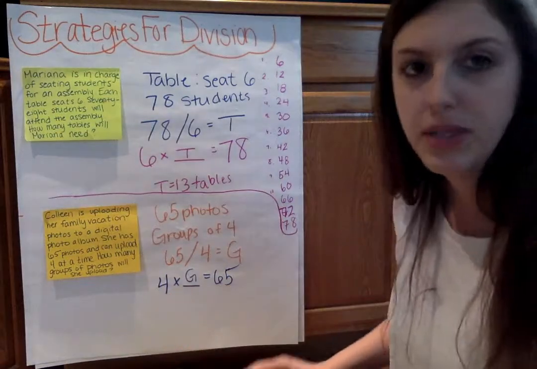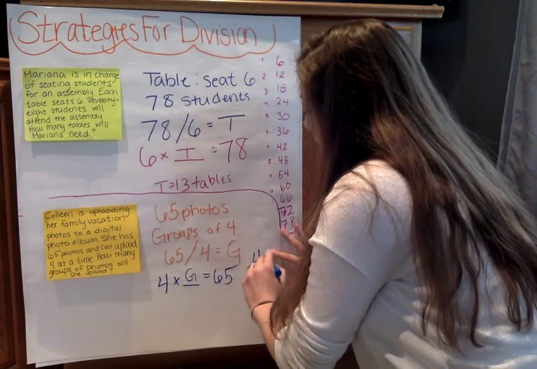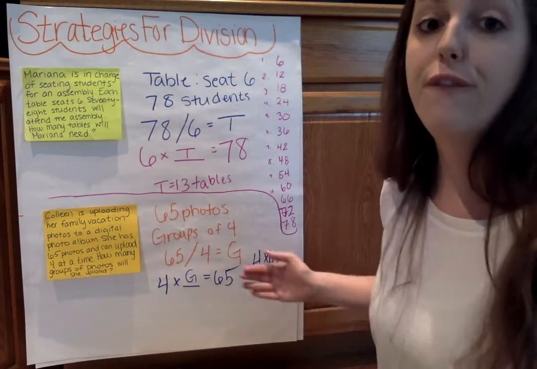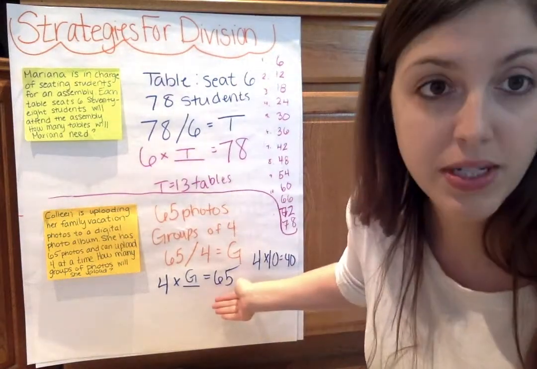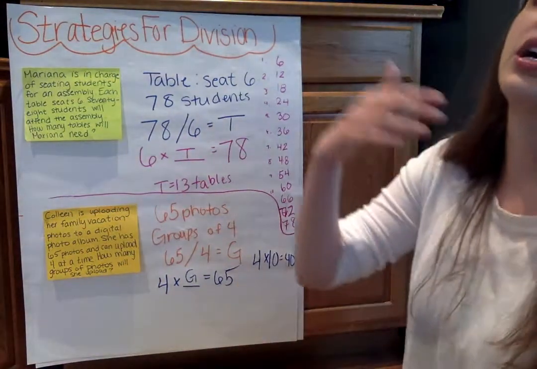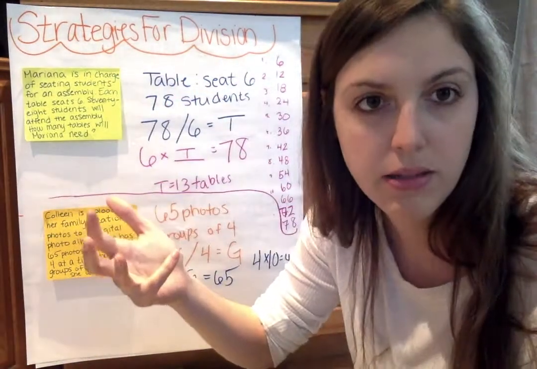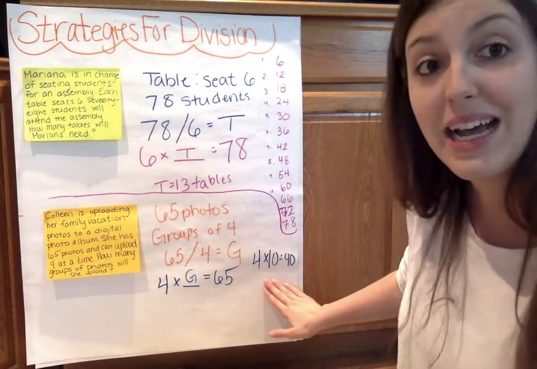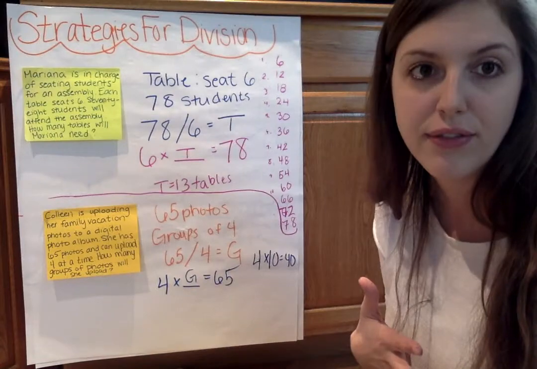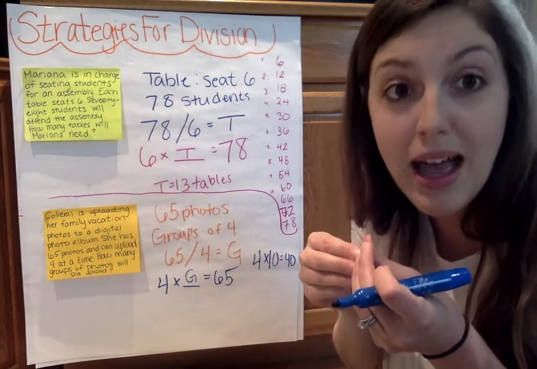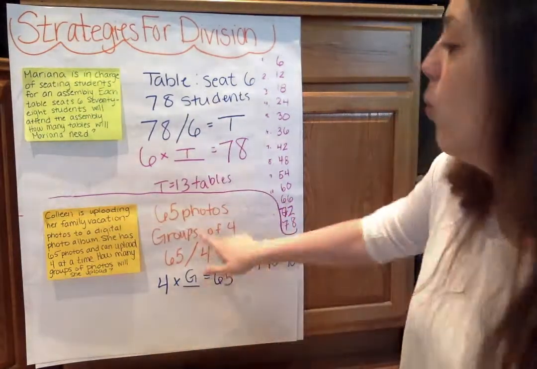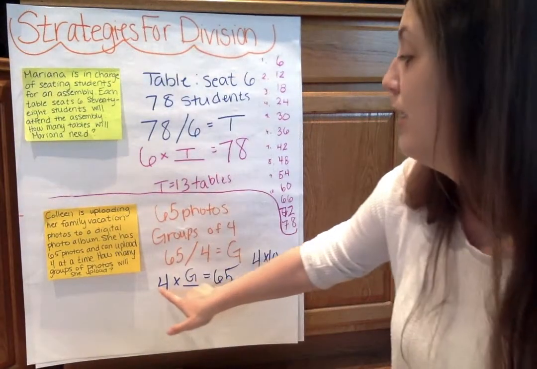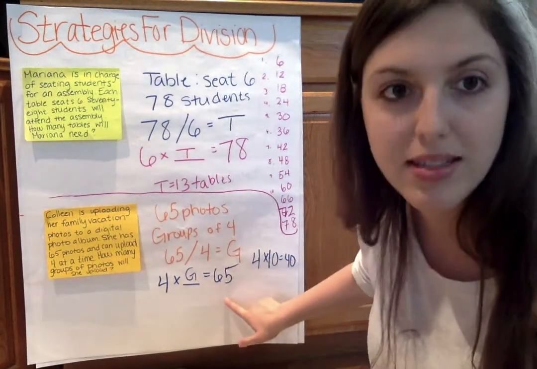I know that 4 times 10 equals 40. 40 is a lot closer to 65 than if I was to start at 4, 8, 12, 16. So I'm going to start at 4 times 10, and I'm going to work my way down until I get to 65. This is a closer way for me to figure out what 65 divided by 4 equals what, or 4 times what equals 65.